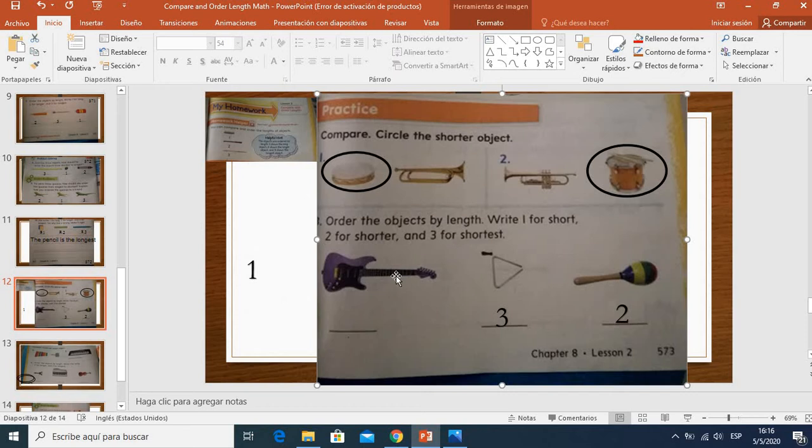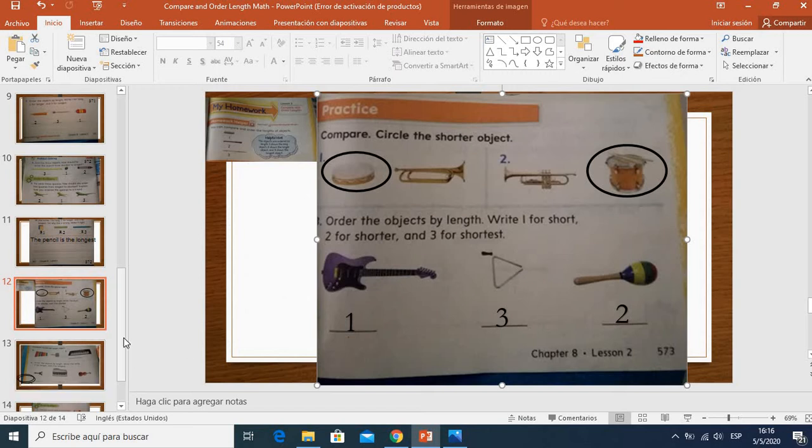That means the electric guitar is the longest. All right? So we write the number 1. So the electric guitar is long. The maraca is long, but is shorter than the electric guitar. And the triangle is the shortest of the 3 objects.